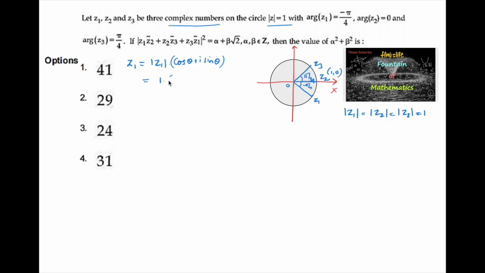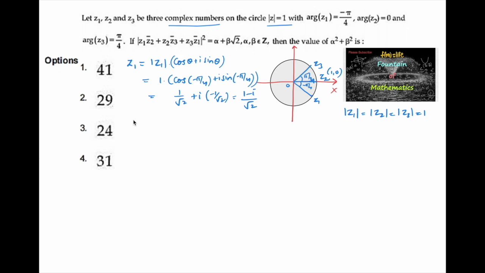We can write 1 into cos of minus pi by 4 plus I sin of minus pi by 4. Cos of minus pi by 4 is 1 by root 2, and I sin of minus pi by 4 is minus I by root 2. So we can write 1 minus I divided by root 2.